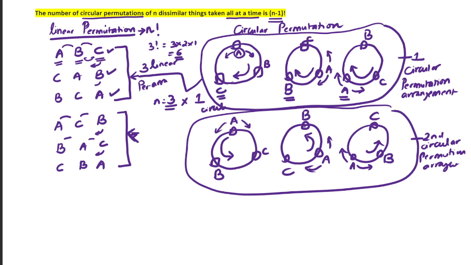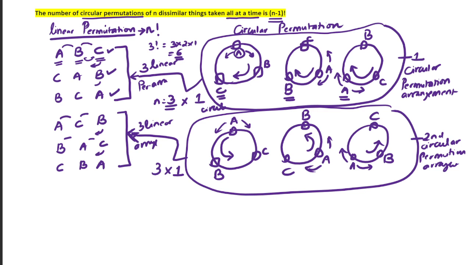These 3 are only one circular arrangement, which led to 3 linear arrangements.